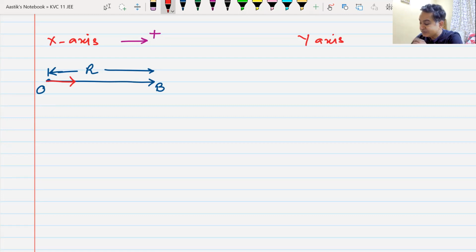U cos theta. You can call it ux, and ux will be equal to u cos theta.